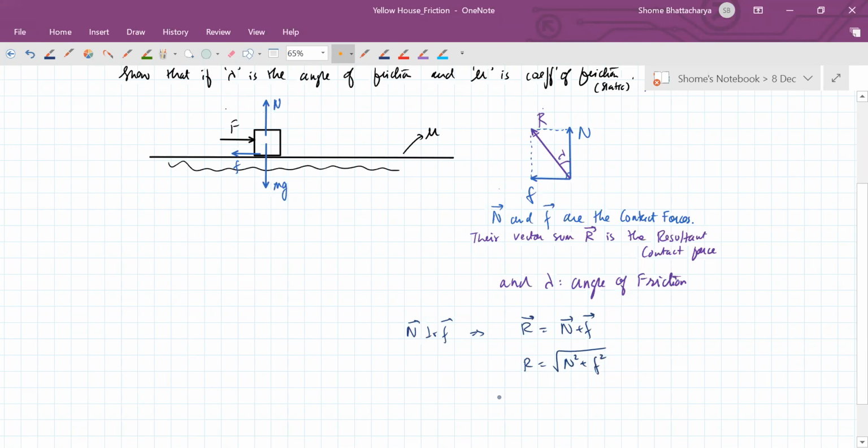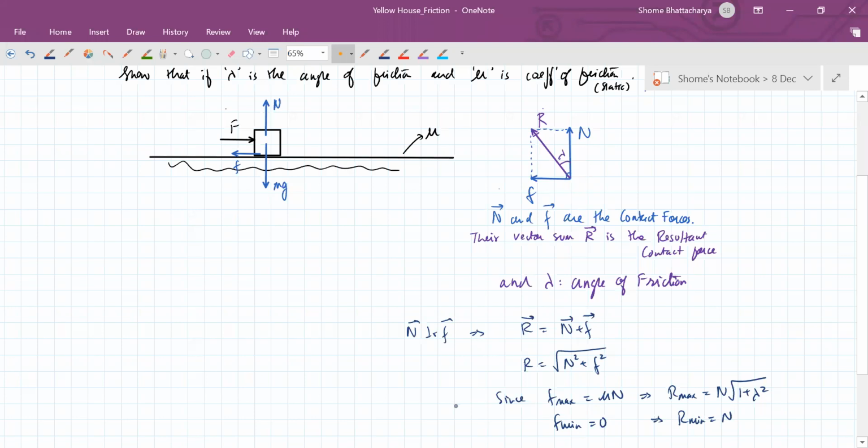So therefore, since F's maximum value is mu N, R's maximum value is square root of N square plus mu square N square, and F's minimum value is 0. So R's minimum value is N.